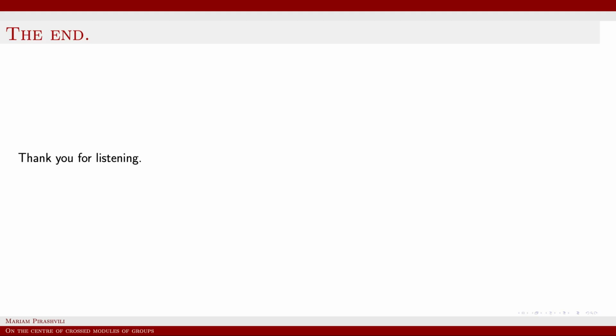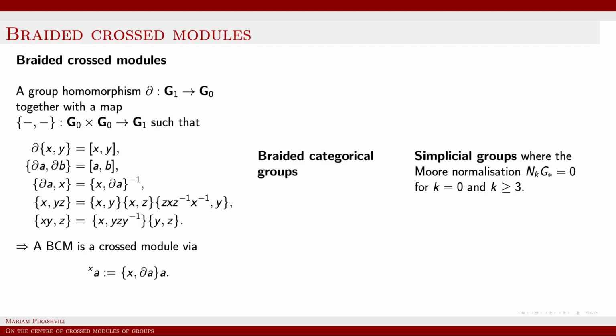These initial groups always have only two non-vanishing groups. Can you explain how this works?